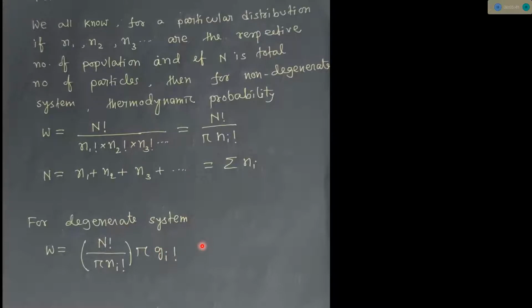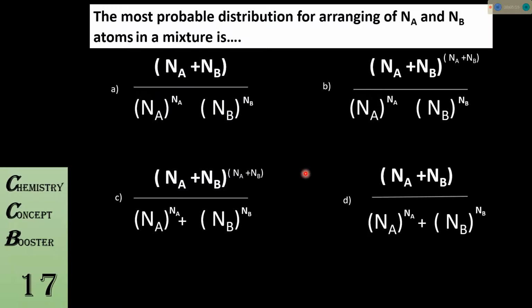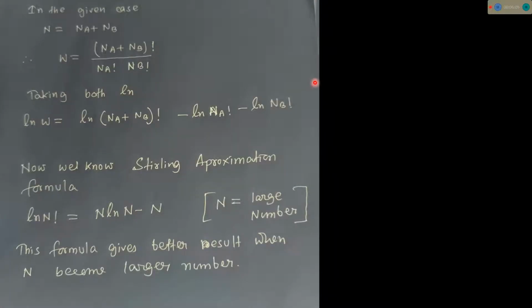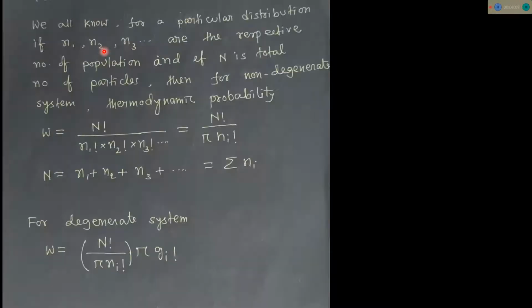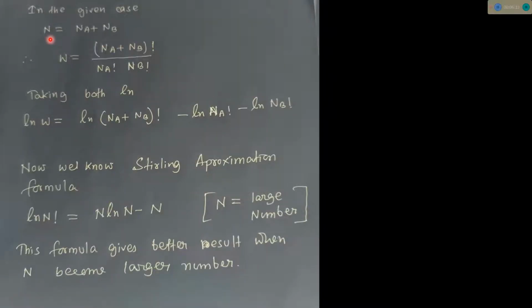In this case, we have to consider the non-degenerate system, since there is no mention of degeneracy in the question. So in the given case, N means the total number of particles, that is Na plus Nb.